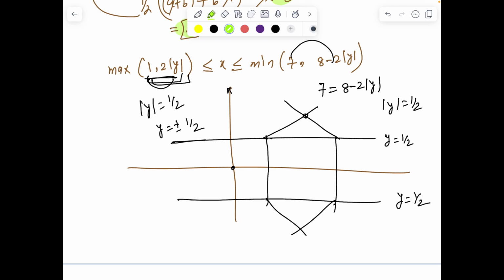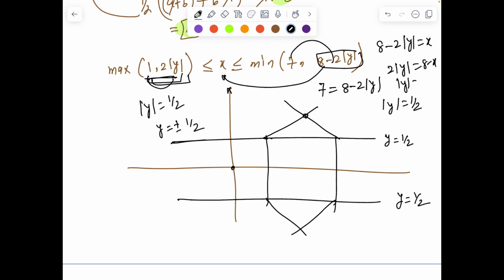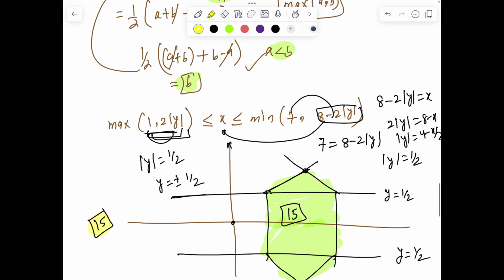From here we can check that 8 minus 2 mod y is going to be x. So 2 mod y equals 8 minus x, so mod y equals 4 minus x by 2. For the positive case we'll have at x equal to 0, y equal to 4, right? So roughly the graph of this entire region for positive y will be this region, and I can just reflect it for the negative, and the total area that you are going to get will be 15, and the answer for this problem is 15.